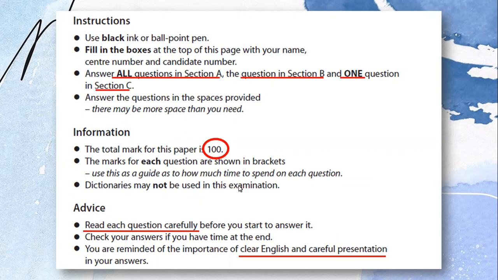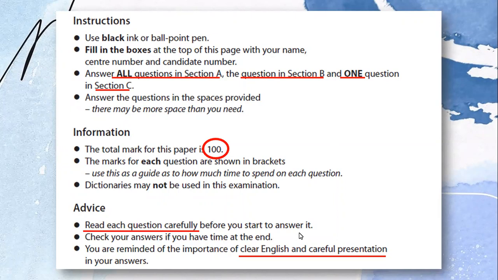Dictionaries may not be used in this examination, and you are given further advice to read each question carefully before you start to answer it. This is basically advice given by most teachers before you sit for your examinations. Check your answers if you have time at the end. This is also very important.